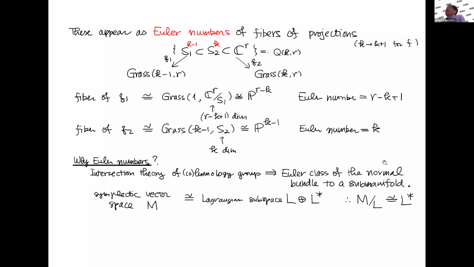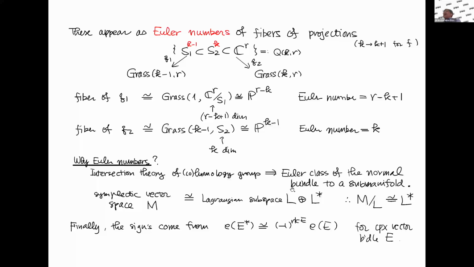If you consider the normal bundle of the submanifold, then after linearizing, I consider the quotient space M divided by L. By the reason I just explained, M divided by L is identified with L star, the dual of L. Going back to the nonlinear situation, this means the normal bundle to a Lagrangian submanifold is dual to the tangent bundle.